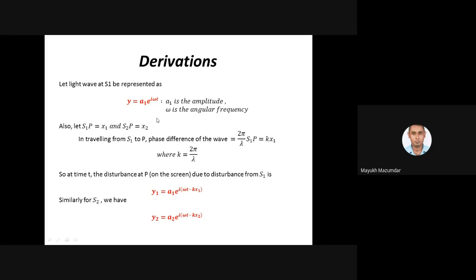Z equals R e to the power i theta kind of thing. Have you done these things in your first sem? A complex number can be represented as an amplitude term and a phase term.